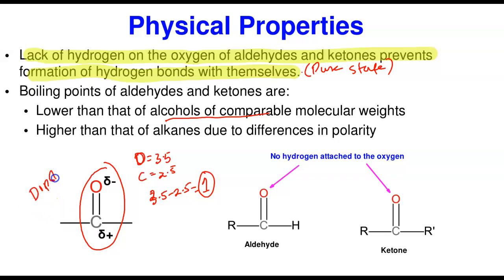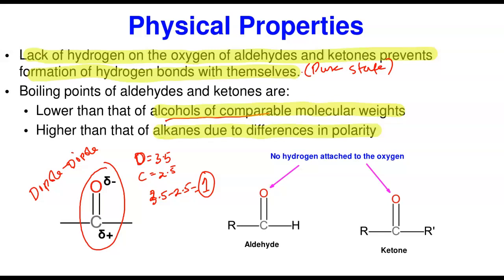And remember, the dipole-dipole is weaker than what? The hydrogen bond. And as a result, their boiling points are lower than those of comparable alcohols of similar molecular weight. However, they are higher than those of the alkanes due to polarity. Remember, the hydrocarbons, the alkanes, the alkenes, and the alkynes are non-polar. They only have the London dispersion force.